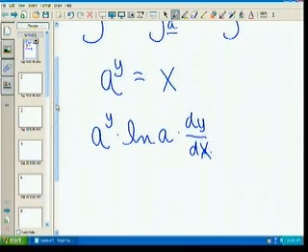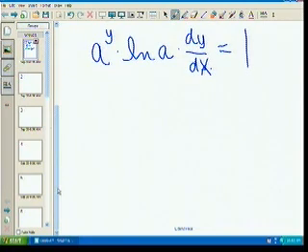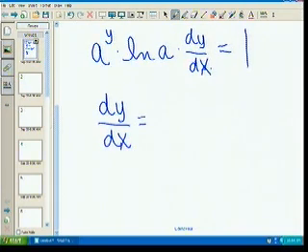Derivative of a to the y is a to the y, natural log of a, dy over dx, because the exponent is y. Derivative of the right side is 1. So we need to solve for dy over dx. We've been doing enough of this lately. You just divide both sides by a to the y and natural log of a.